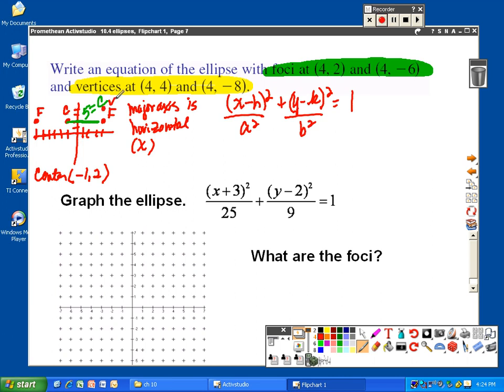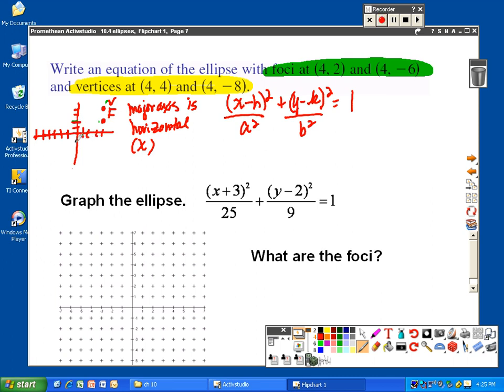And 4, negative 8. Oh, I have this drawn wrong. 4, 2, and it should have been 4, negative 6. So we got to change all this. 4, 2, and 4, negative 6.